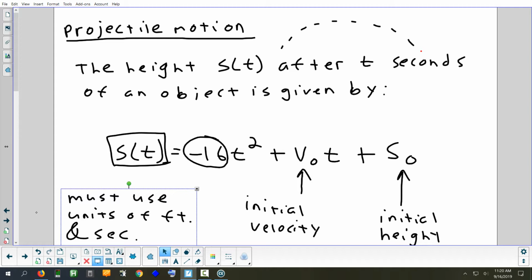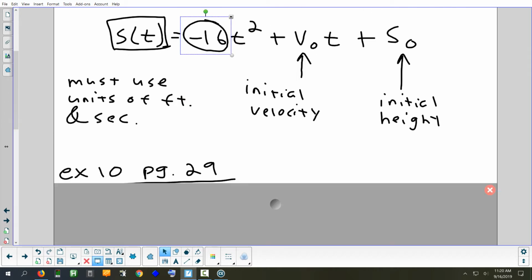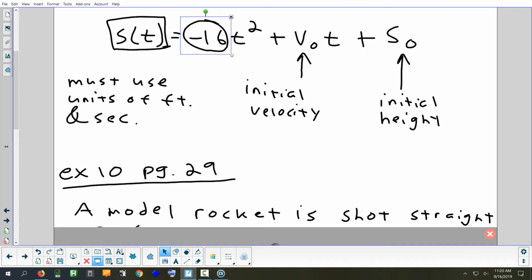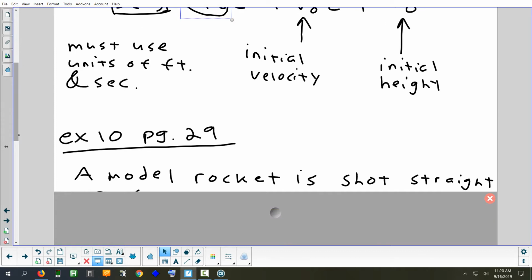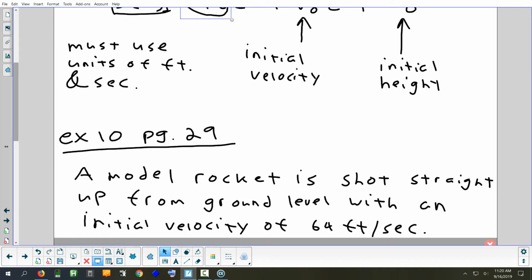Okay, so yeah, in physics 9.8, or maybe it's half of 9.8, but anyway, the 16 comes from the acceleration due to gravity, in feet per second. So, in our problem, we've got a model rocket. It's being shot straight up from ground level, and it has an initial speed of 64 feet per second.